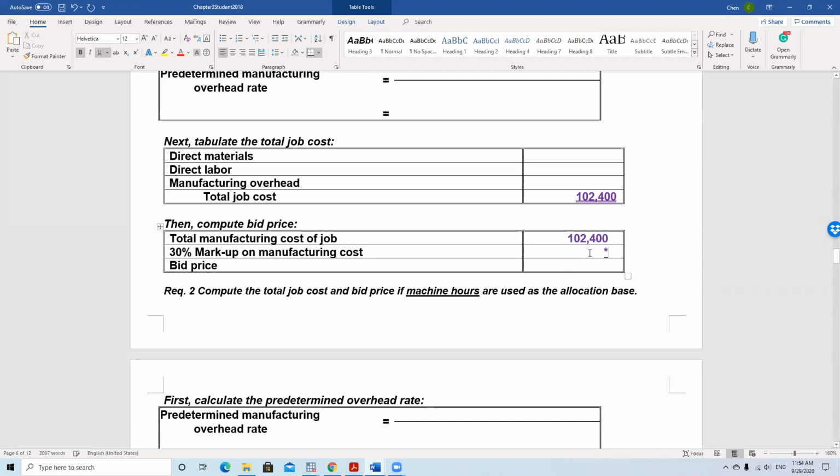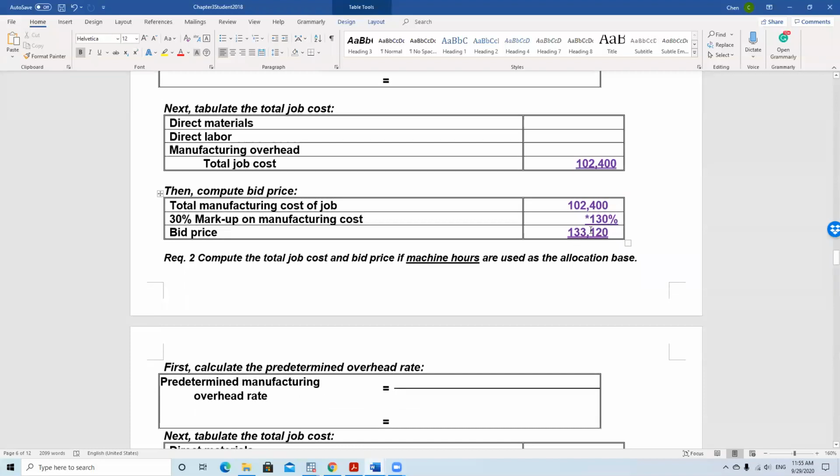So the easiest way is to times 130%, and then you have 133,120. So that means if your price is 133,120, you are gonna make a 30% gross profit on this product.